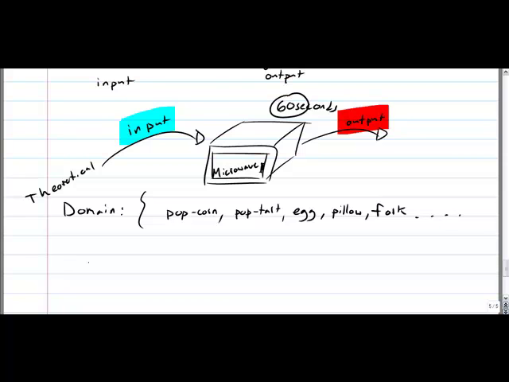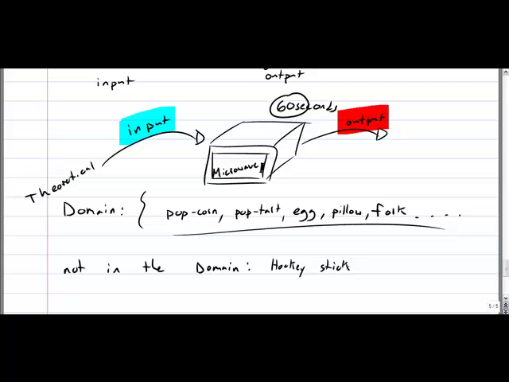Now, let's think about things that are not in the domain, things that would not be a part of the domain. Think of anything that's not going to physically fit in the microwave, like a hockey stick.